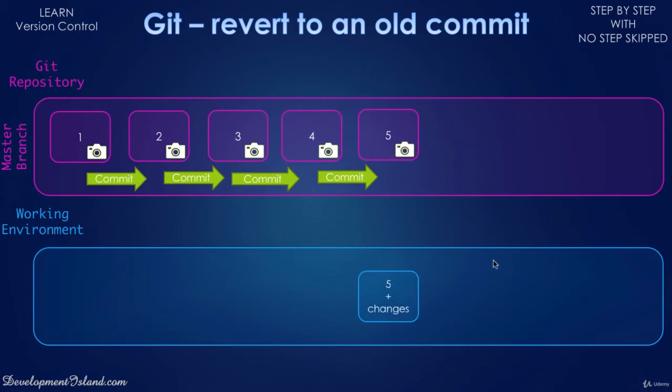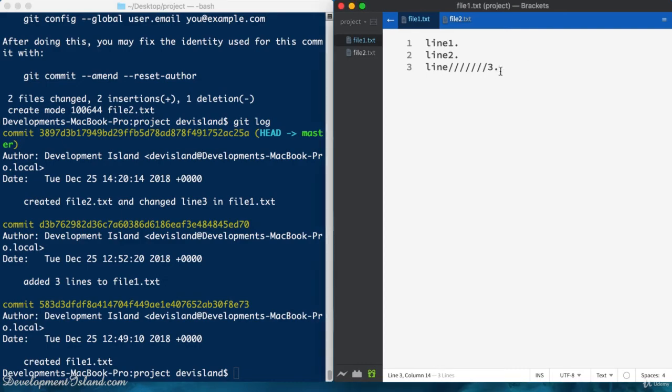So at the moment, we used that commit and we made some further changes. So if I go back to our project, let's say that I added another line 4, and then realized that I'm not happy with that content.